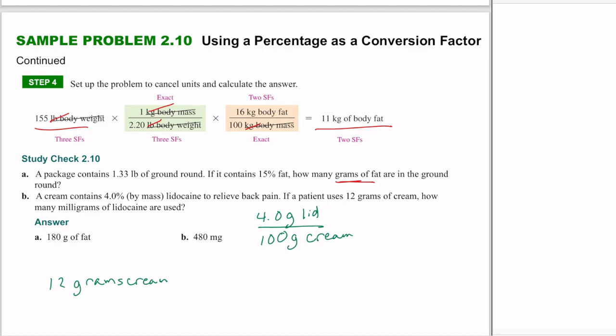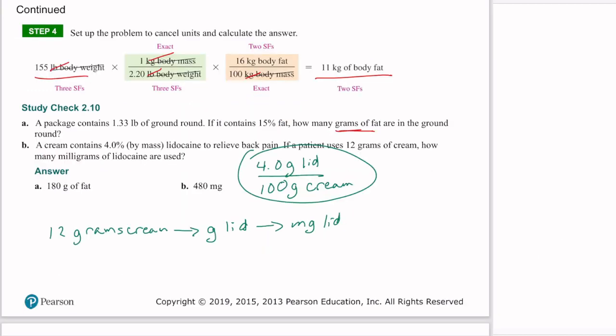So first we're going to convert grams of cream to grams of lidocaine, and we'll use our percentage conversion factor to do that, and then we'll convert grams of lidocaine to milligrams of lidocaine, and I'm just abbreviating lidocaine as LID. So let's get started. We have 12 grams of cream.